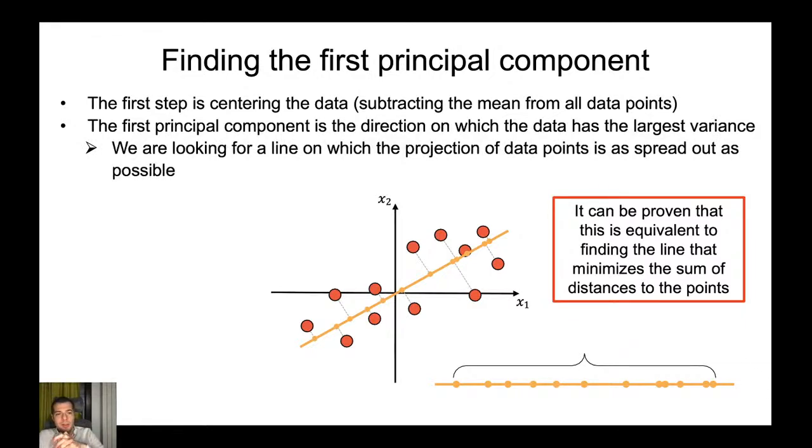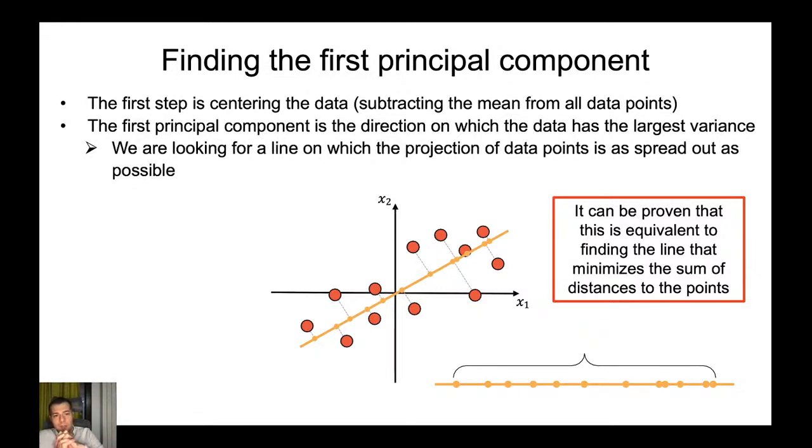One possible solution in order to obtain the first principal component is to minimize the sum of distances from the line to the points.